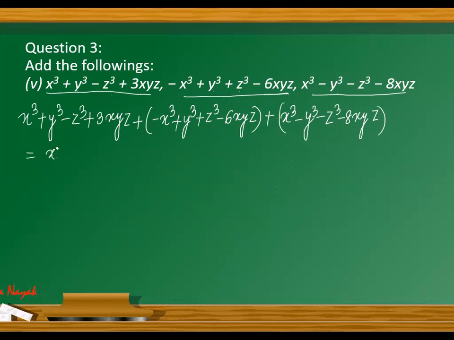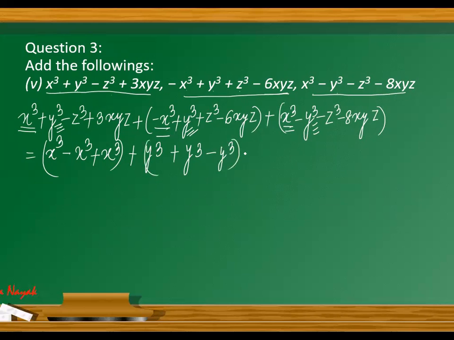So I'll take x cube together: x cube minus x cube minus x cube, then plus x cube. They are together. Next I'll go for y cube: here plus y cube, here minus y cube.